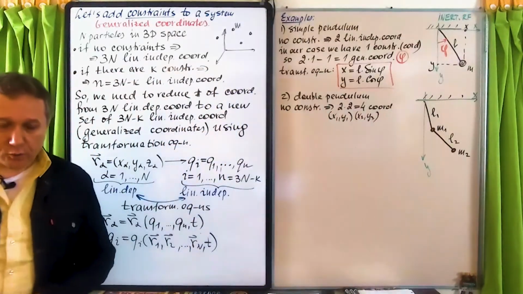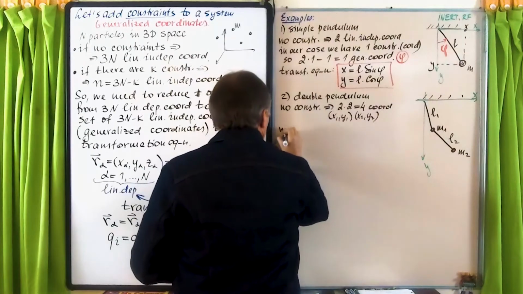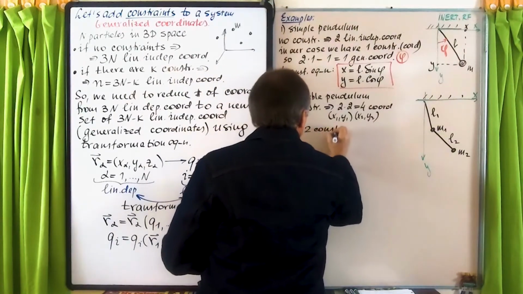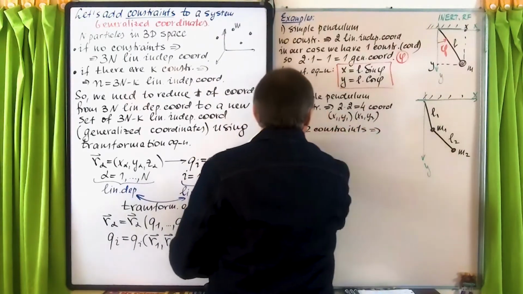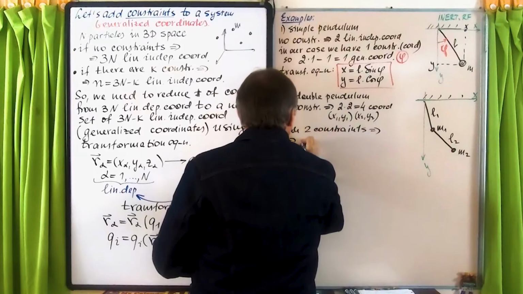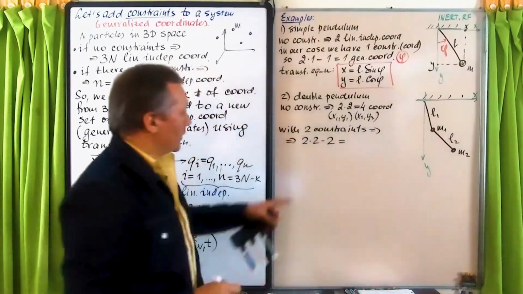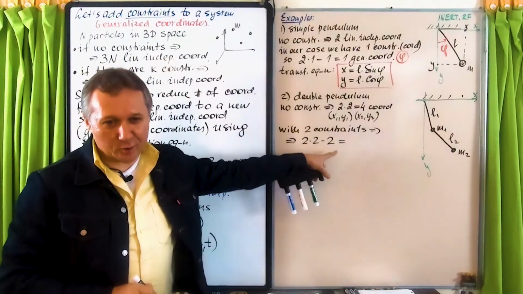But with 2 constraints, you will have 2 times 2 minus 2. So again, two-dimensional space, 2 particles, minus 2 constraints.